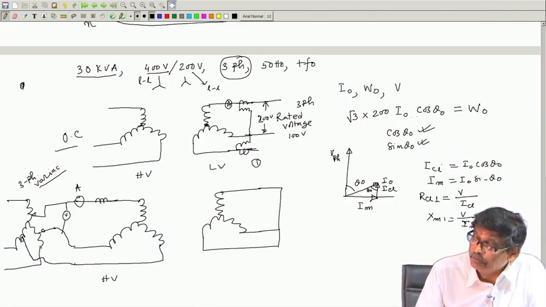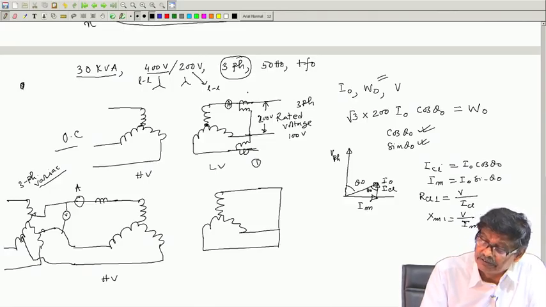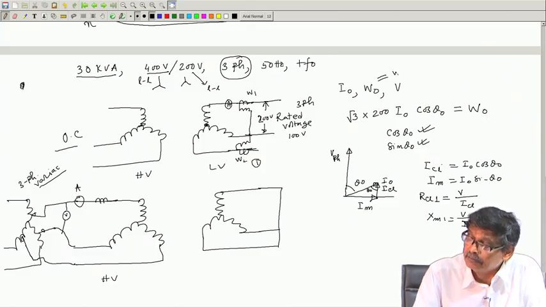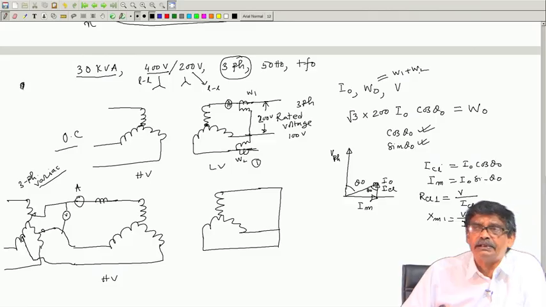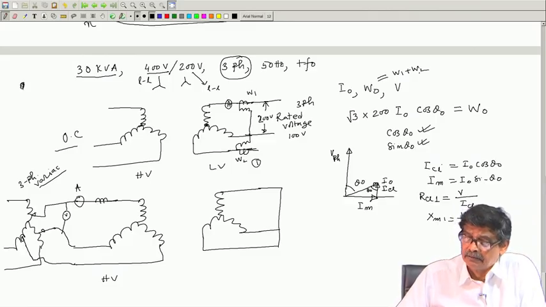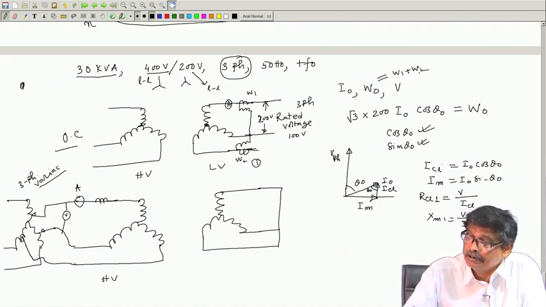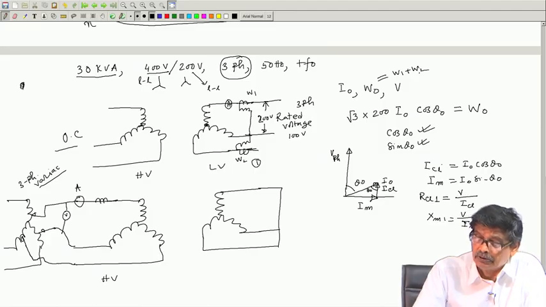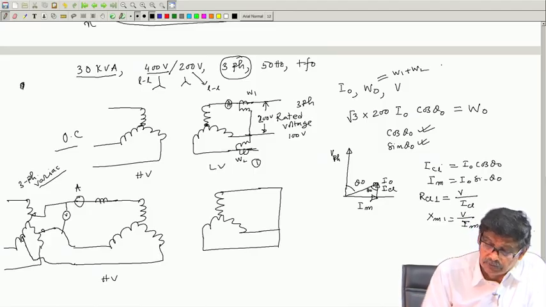See, this W naught is equal to W 1 plus W 2, the algebraic sum. During the open circuit test power factor is rather small, so use a low power factor wattmeter. Anyway, those are details of the experiment, but you somehow note down this total reading W naught.